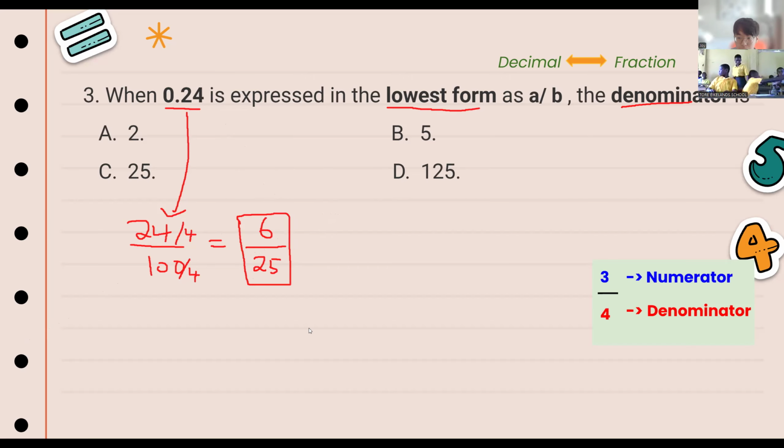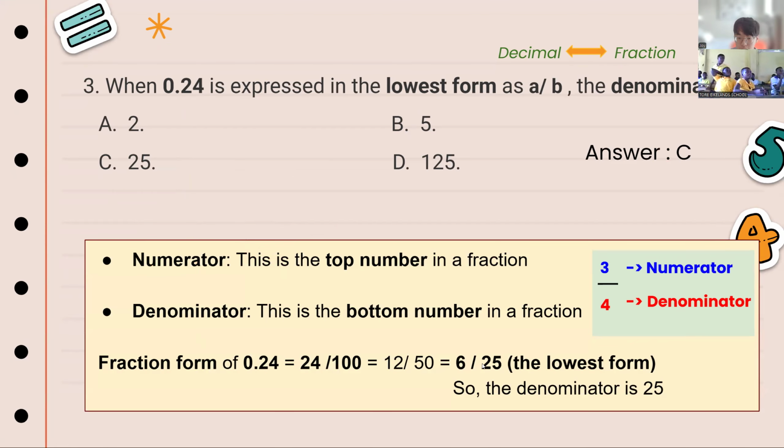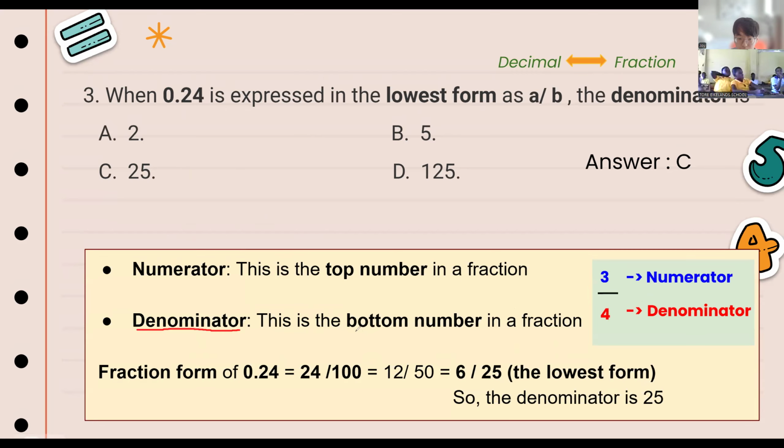Yeah, I explained the steps here. So 6 over 25 is the lowest form. And of course, we're looking at the denominator. Denominator is the bottom number in a fraction.